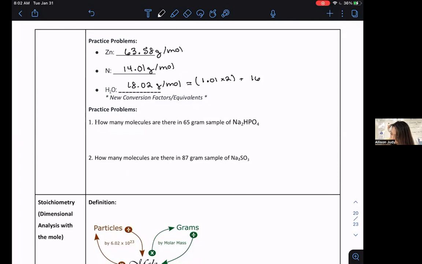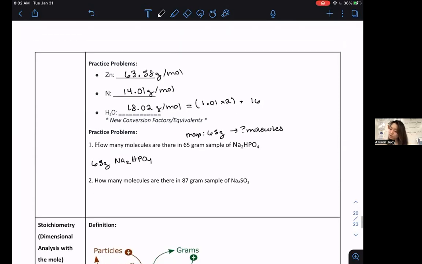So you're given that I'm starting with 65 grams of Na2HPO4. Now, if I'm going to draw a little map of where I want to head, I want to go from 65 grams to molecules, or things. So I need to get from grams to molecules. Now, I don't have a conversion that allows me between what I just introduced.